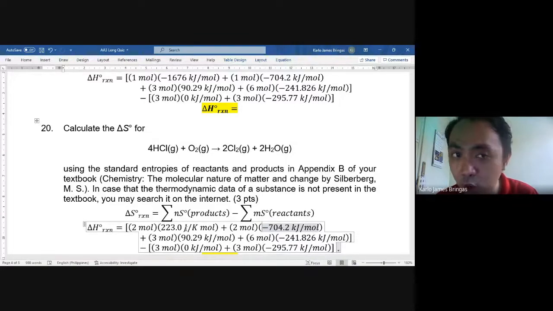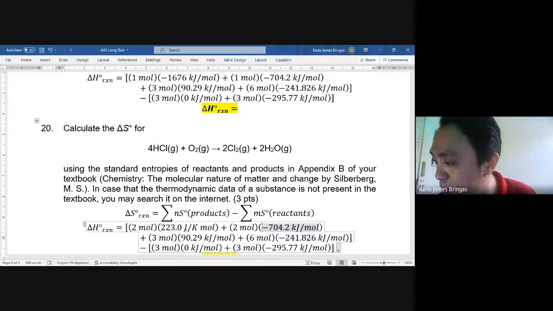So kindly please compute how much the delta H for this reaction that we have in number 19. The solution is above on the screen.